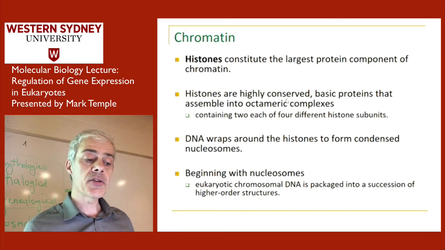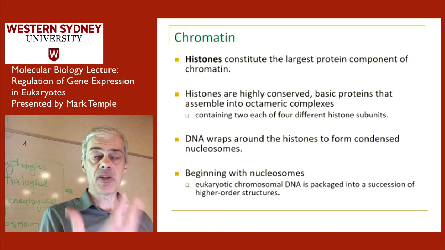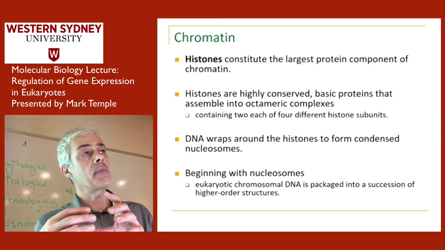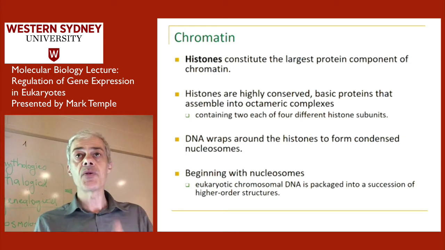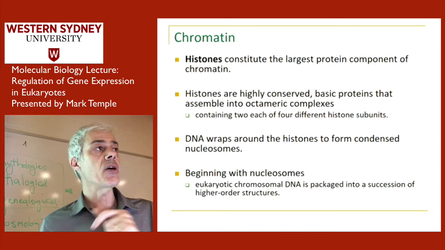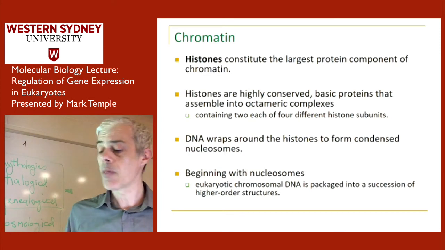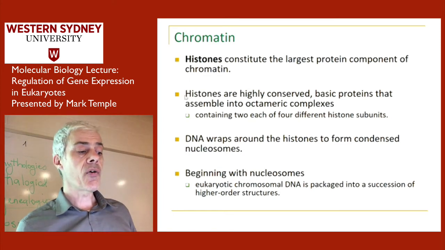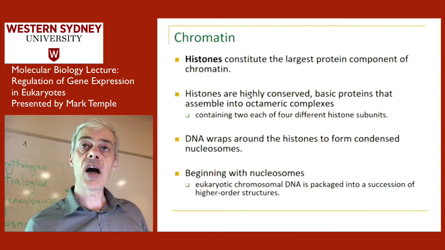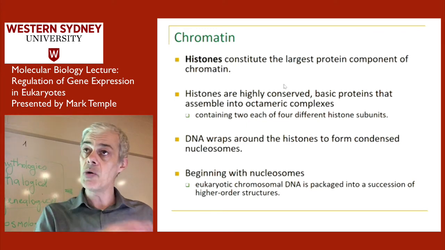Histones are also highly conserved. If you go back to the simplest eukaryotes, typically we'd say yeast is a simple eukaryote. So yeast has a nucleus. There are a few introns in some yeast genes. And it has similar fundamental processes of cell cycle regulation and DNA metabolism that we have in higher eukaryotes. When you look at the histones of these simple unicellular eukaryotes, histone proteins are highly conserved. They're some of the most highly conserved proteins there are across eukaryotes.